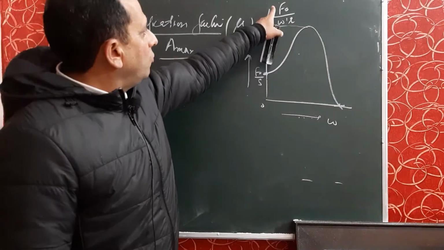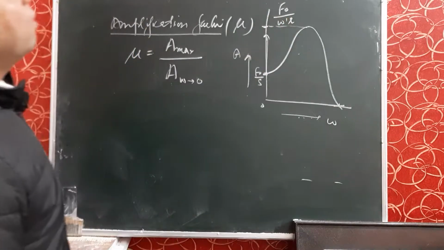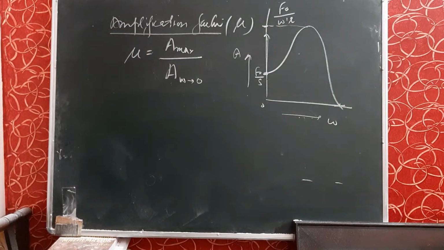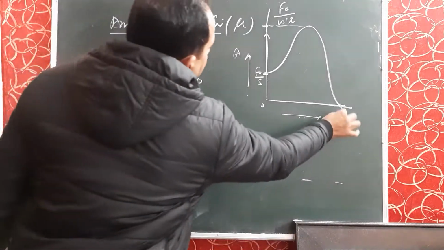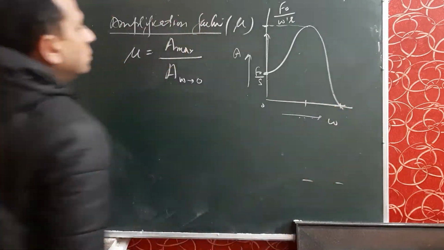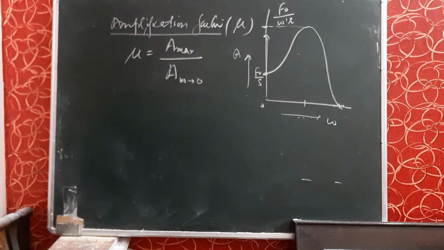At infinity the amplitude is 0. This type of graph we have already studied.